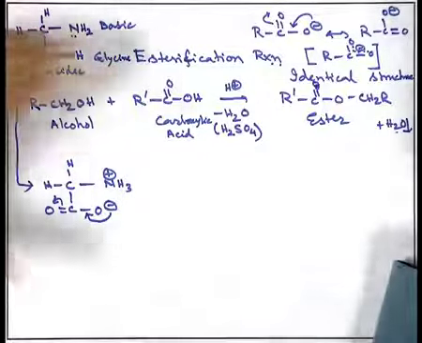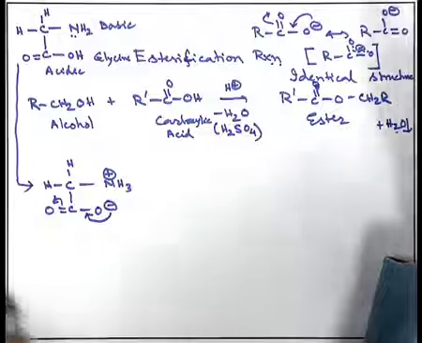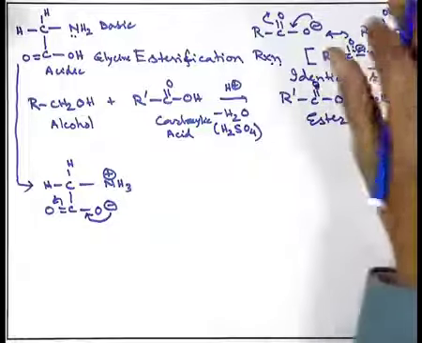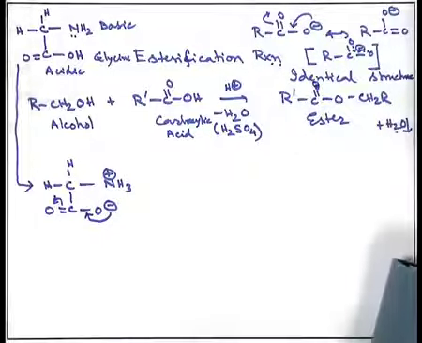This type of feature is called a zwitterion, or double ion, one positive, another negative in the same molecule. One of the interesting features of these amino acids, mainly glycine and other derivatives, is zwitterion formation. Zwitterion means two types of ions being formed in the same molecule, where the proton transfer is taking place from the carboxylic acid group to the amine.